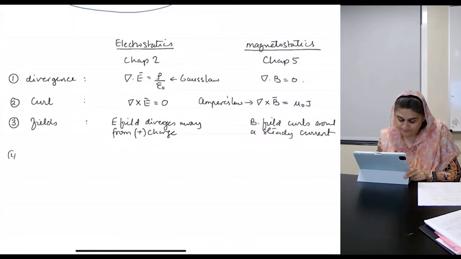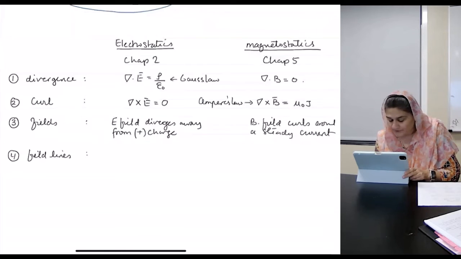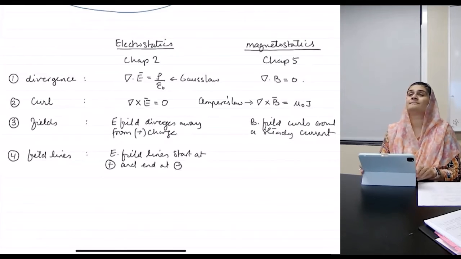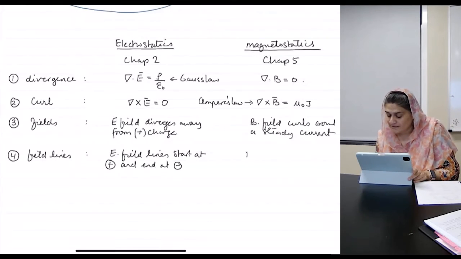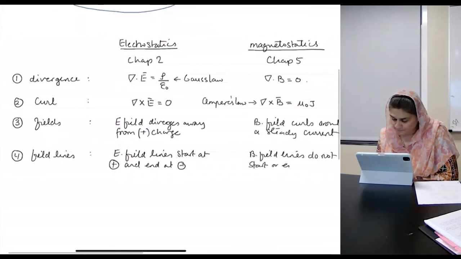Number 4, field lines. E field lines start at the plus charge and end at minus. B field lines do not start or end anywhere.